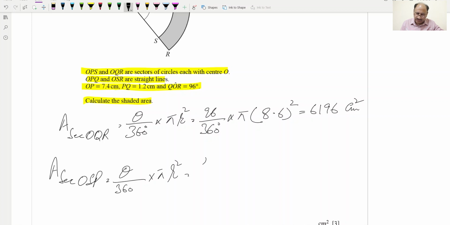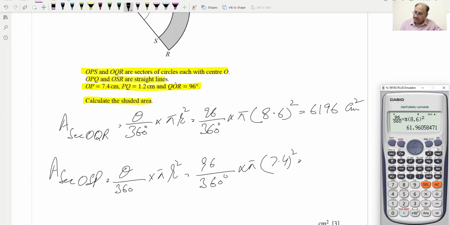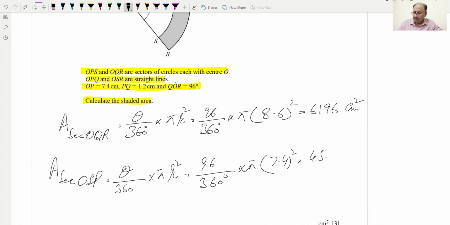In this case the angle will remain the same, but the radius will change to 7.4, so 7.4 squared. This will give us 45.88, to 2 decimal places, centimeters squared.